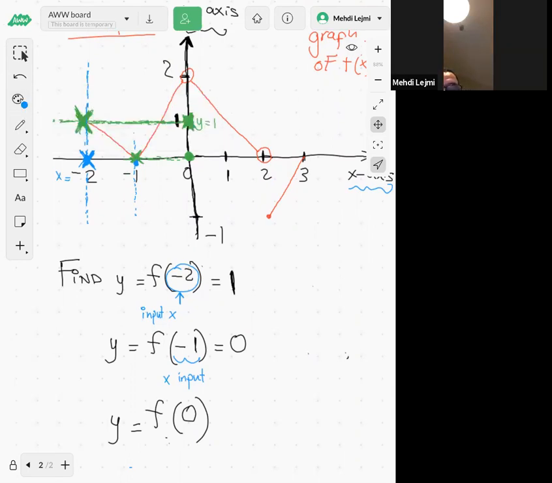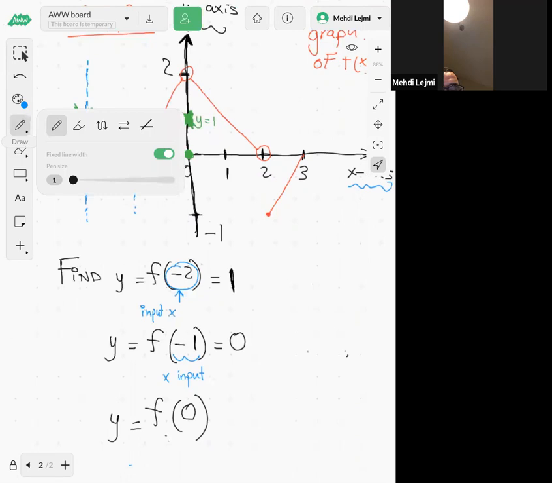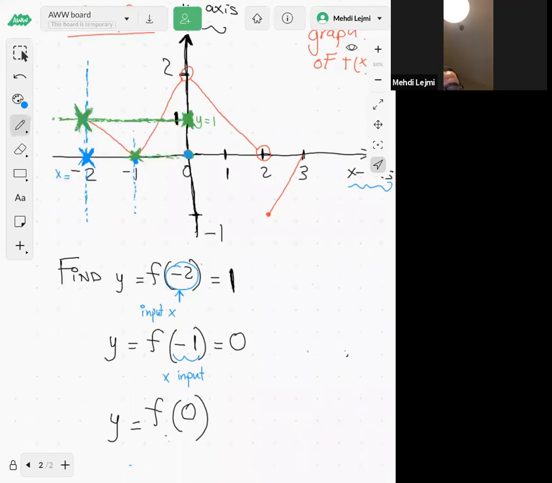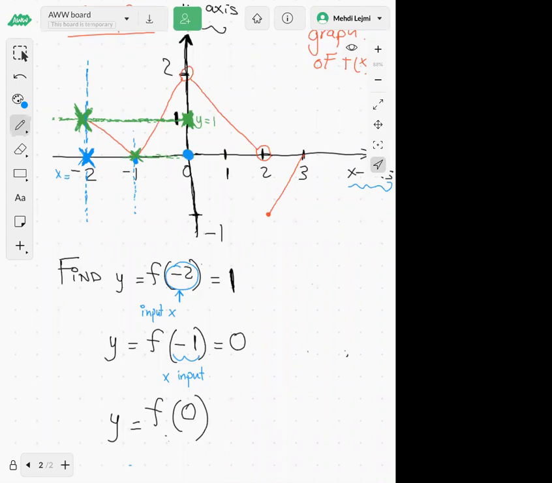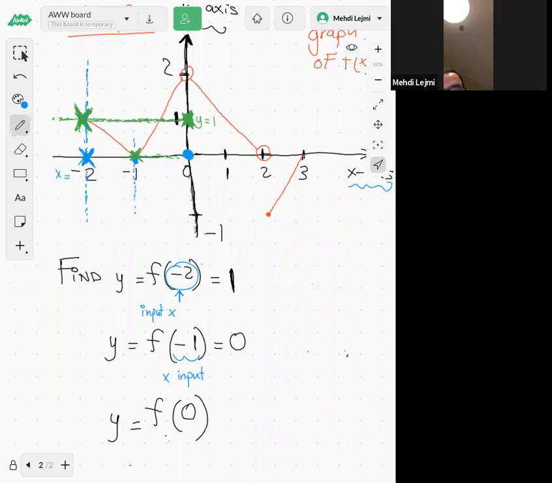So here's my input, x equal to 0. This is where x is 0, right? And now, again, I'm supposed to draw this vertical line passing through 0. So now, where does it intersect the graph?